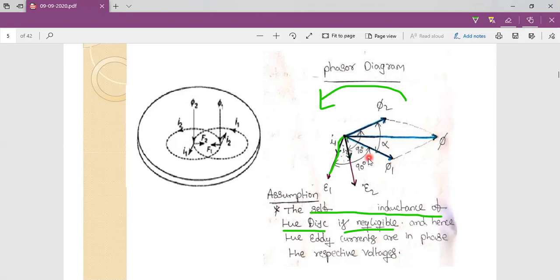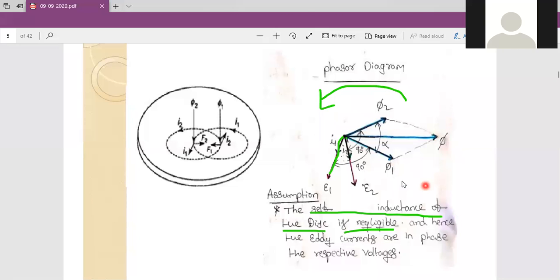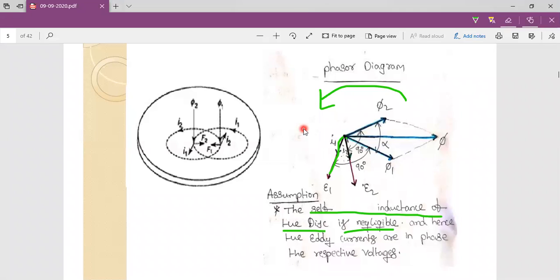We know that electromagnetic torque can be developed because of the interaction of two magnetic fluxes.